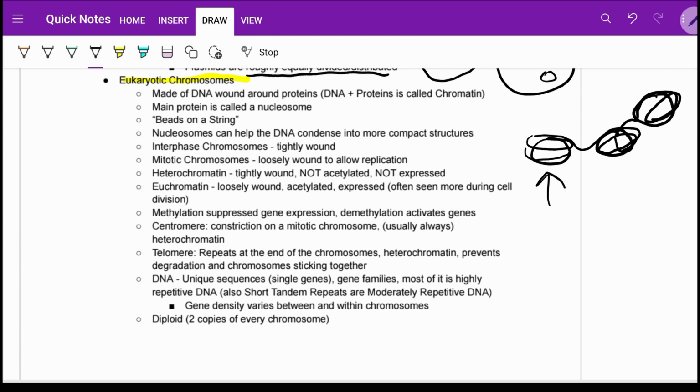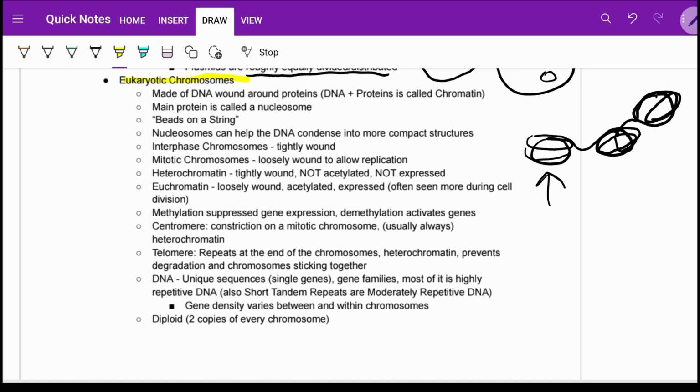So if we remember interphase, anaphase, metaphase, telophase, all of those phases of mitotic, meiotic division, however you pronounce that word, we would have different types of condensing of the chromosomes, because when the chromosomes are super condensed, they cannot be replicated easily. It's hard for DNA polymerase to get in there. It's also hard for them to be transcribed, so it's hard for RNA polymerase to get in there. So basically, when they are wrapped up, they're kind of dormant. Nothing's really happening with them, and they have to be loosened up for something to happen.